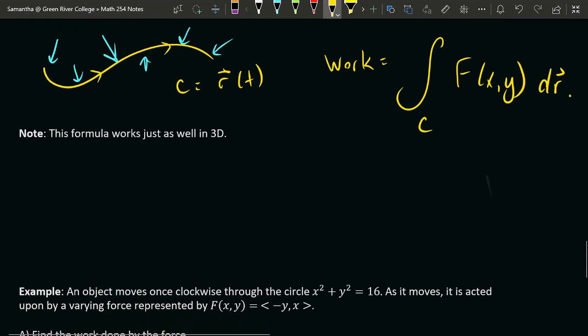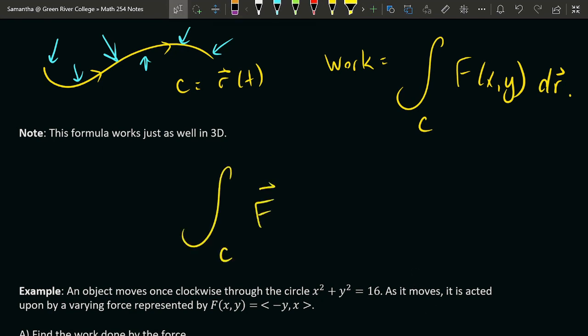This formula is given in 2 dimensions, but it works just as well if your curve is 3 dimensional and your force vector is dependent on your 3D location. No problem.